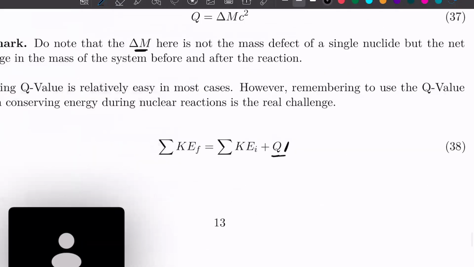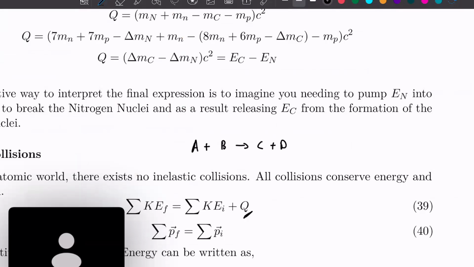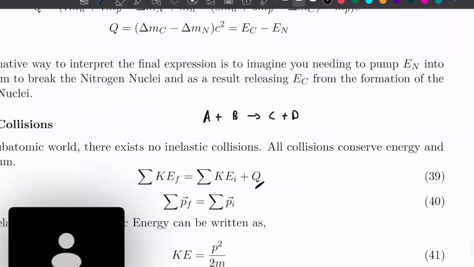So since the mass has decreased, this Q goes into the kinetic energy. So I think this is correct. If energy is released, then this energy is used as kinetic energy.